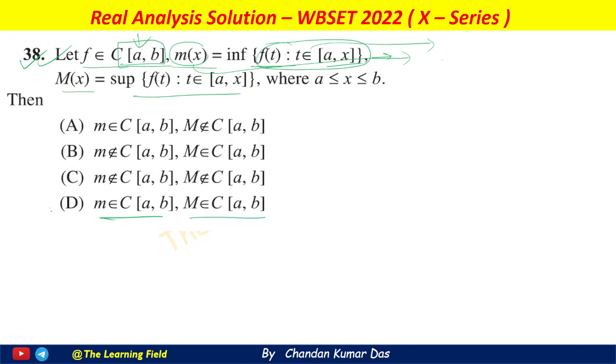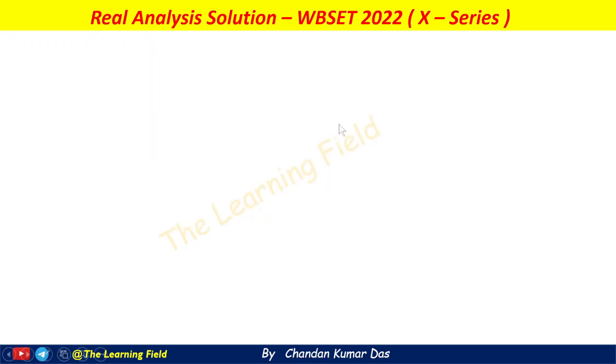That means both the supremum and infimum are continuous functions on [a,b]. So these are the real analysis questions, and this is the solution of real analysis of the WBSET 2022 paper.